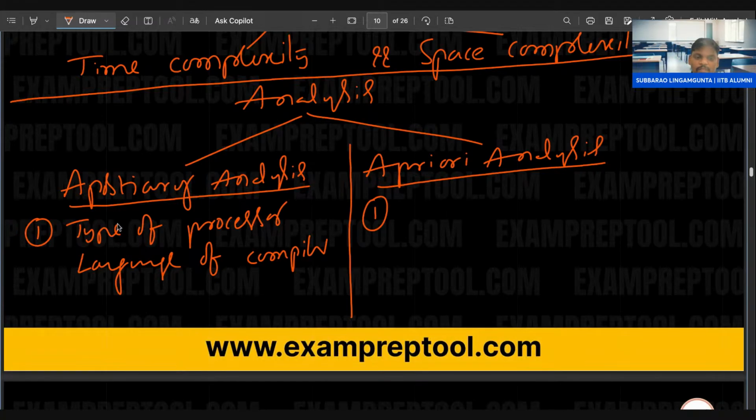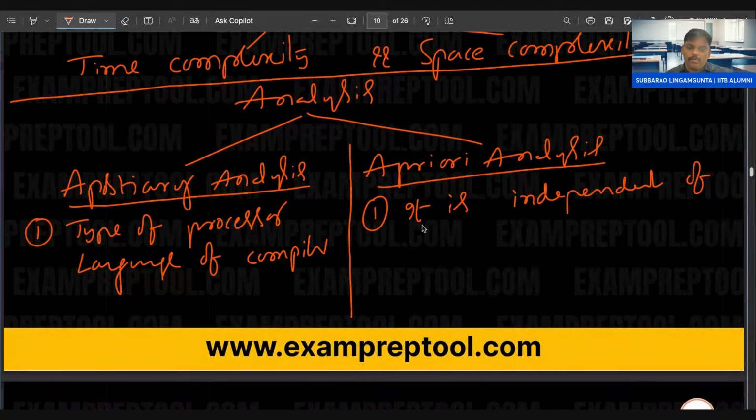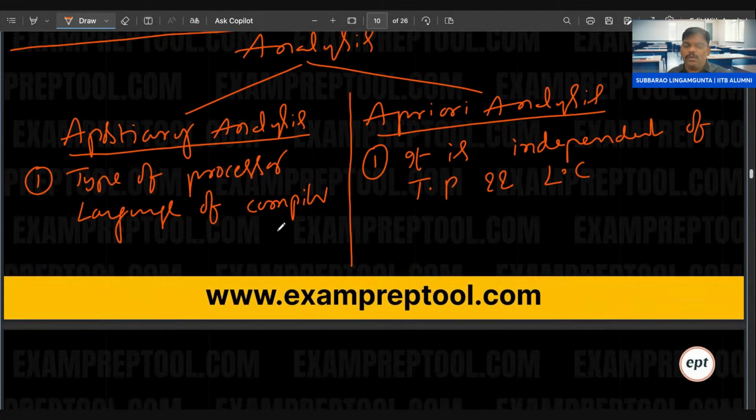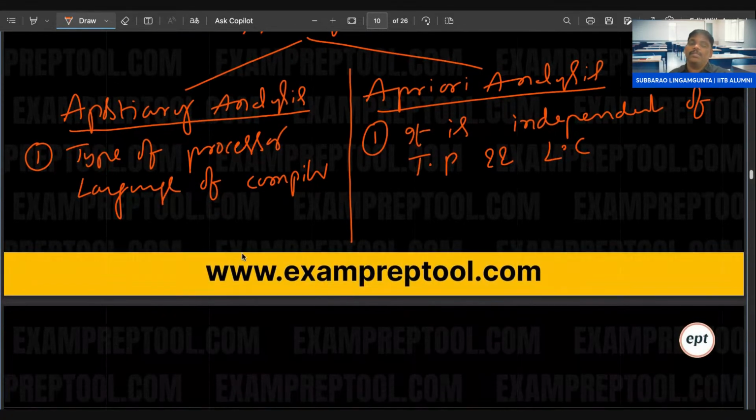So post-theory analysis is based on type of processor and language of compiler, but priori analysis is independent of type of processor and language of compiler. Post-theory analysis is dependent, priori analysis is independent.